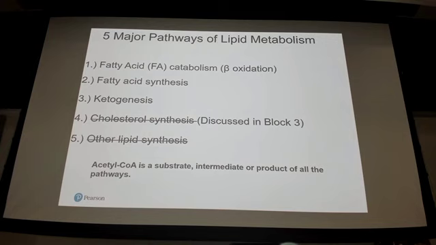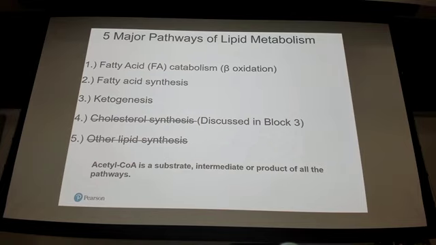And so, with lipid metabolism, there are 5 different types of lipid metabolism. We're going to talk about 3 types today. They include beta oxidation, which is the breakdown of triglycerides. We're going to talk about lipogenesis. We're going to talk about ketogenesis, and in the next block, we're going to talk about cholesterol synthesis and how that pathway works.